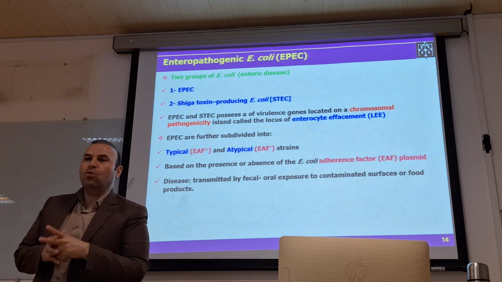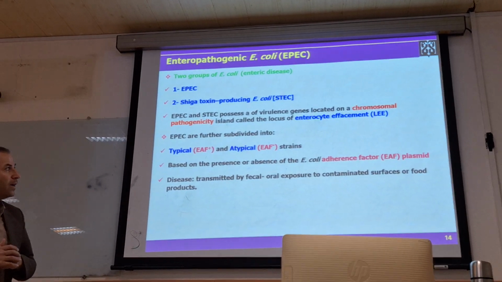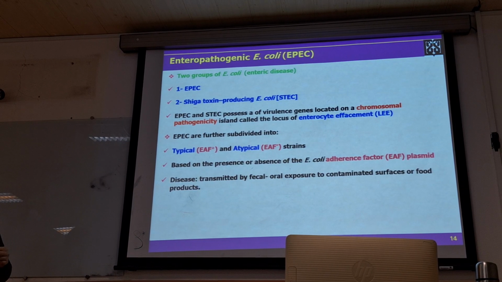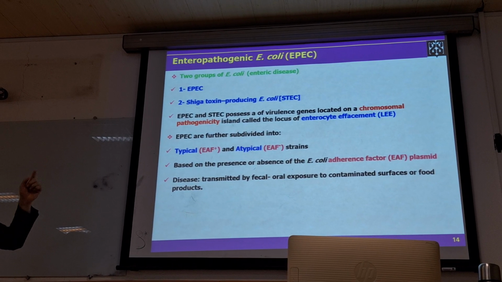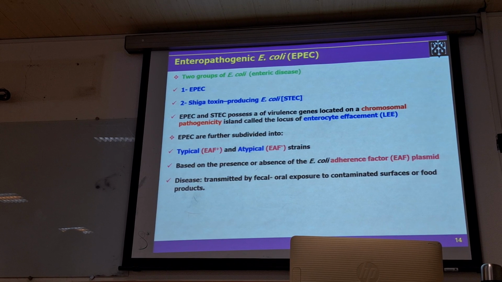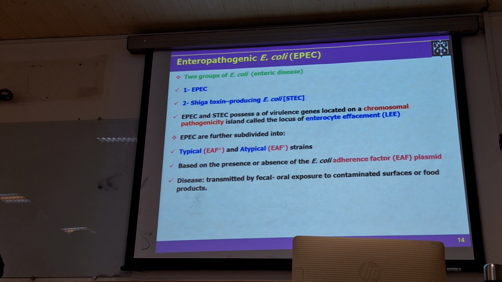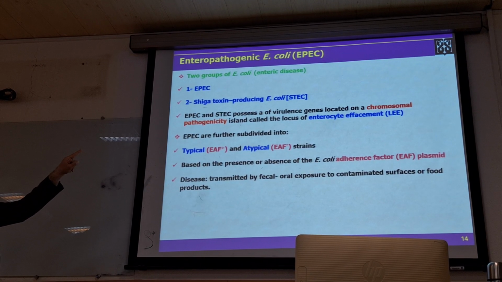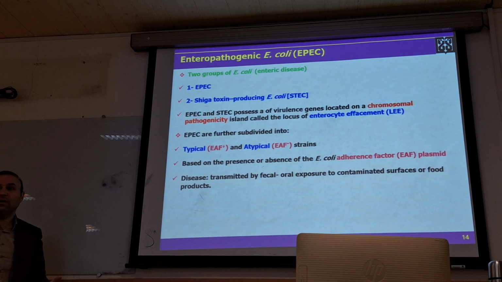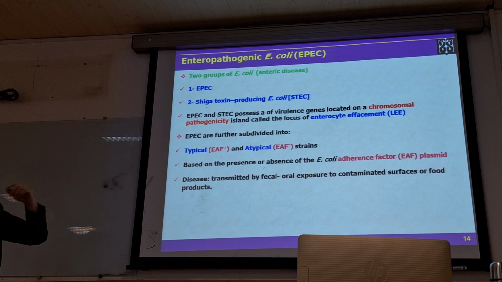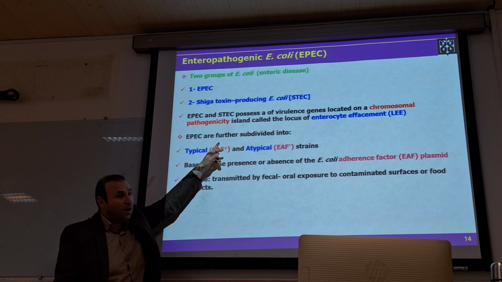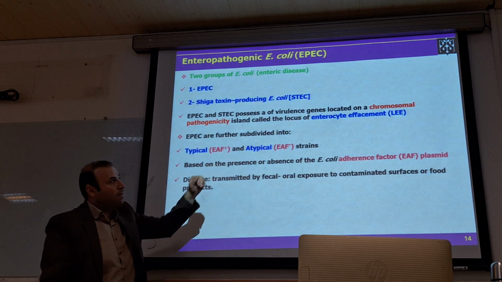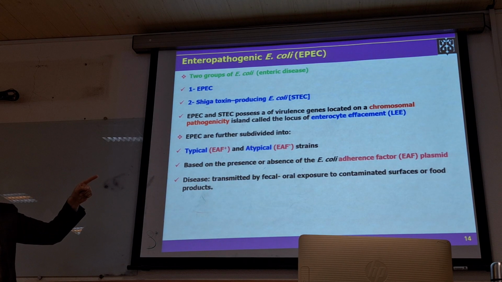EPEC. Two groups of E. coli responsible for enteric disease are EPEC and STEC. Both have many virulence genes located on a chromosomal pathogenicity island called the locus of enterocyte effacement, or LEE.